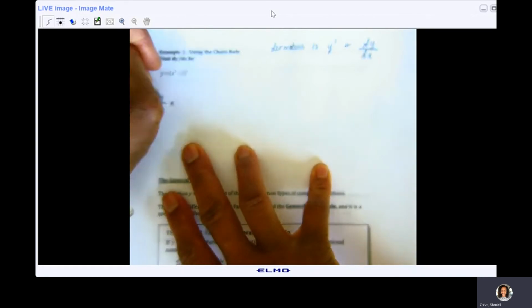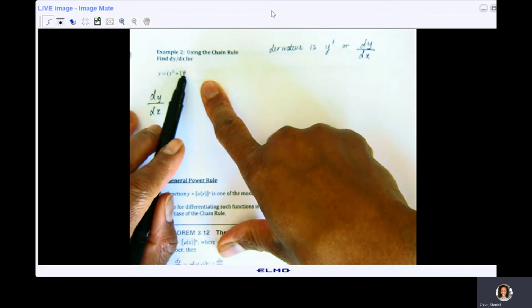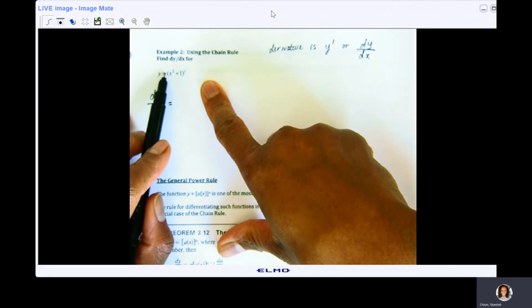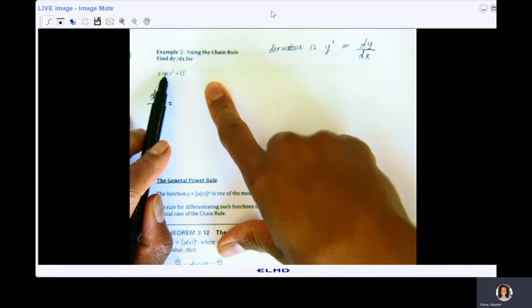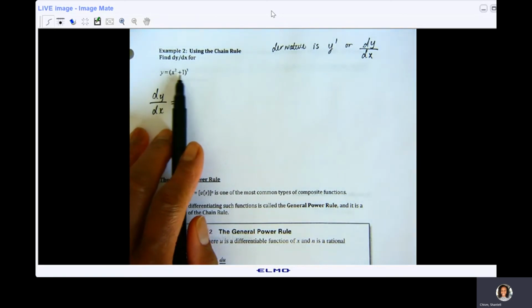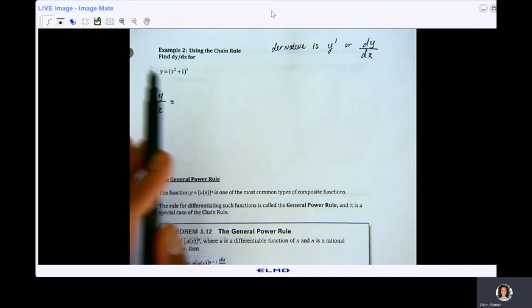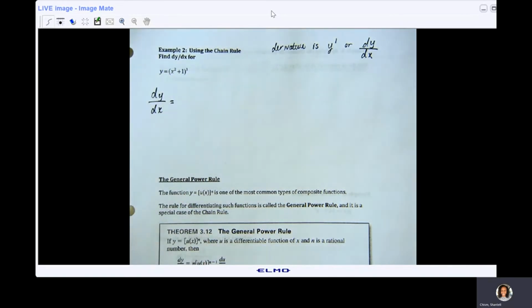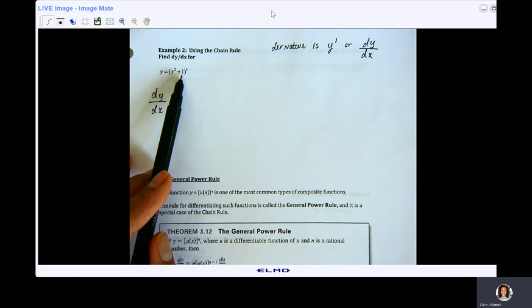So let's take a look at what we have here. We've got an outer function, which is cubic. So I'm going to take the derivative for the outer part. I'm going to apply the power rule. I'm going to bring down the exponent, okay, and lower it by 1. Then I need to take the derivative of the inside function as well. This is a chain rule. So yeah, you have other options as far as how you want to work this, but chain rule is the easier one.